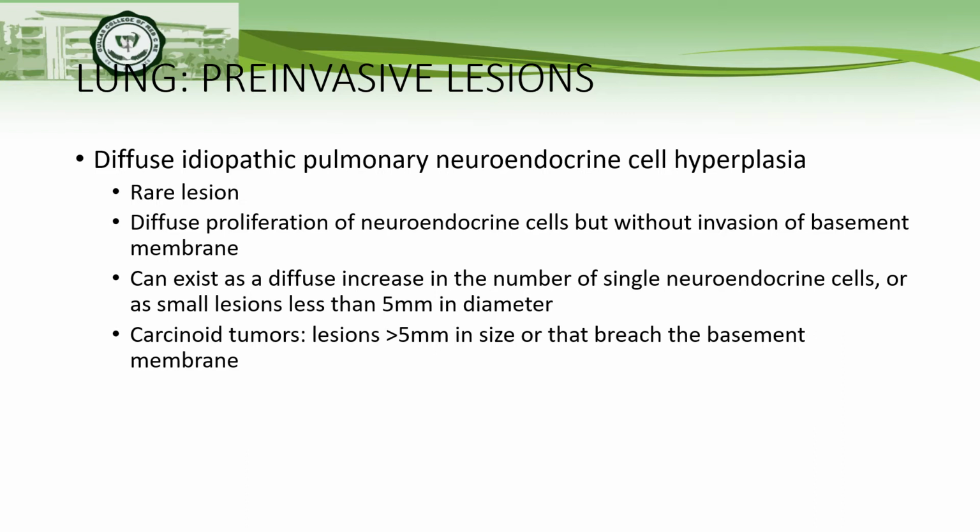It can exist as a diffuse increase in the number of single neuroendocrine cells or as small lesions less than 5 millimeters in diameter. Carcinoid tumors are part of this pre-invasive lesion, but the carcinoid tumors are more than 5 millimeters in size, or they may be those that breach the basement membrane.